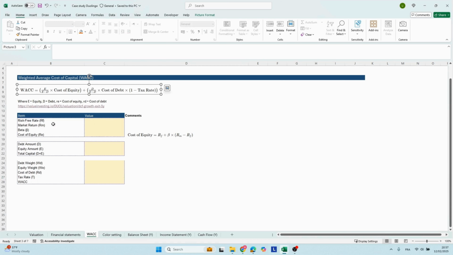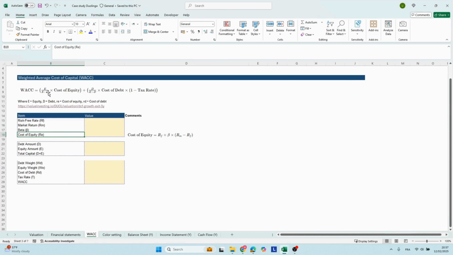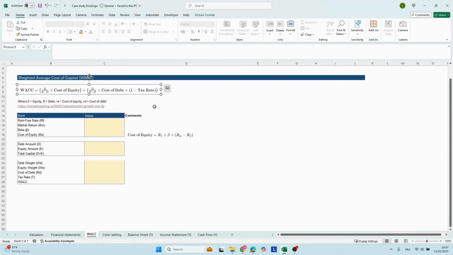So the formula will be E, which is equity, divided by the total of E plus D, which is equity plus debt, multiplied by the cost of equity, plus D divided by the sum of equity plus debt, times the cost of debt, times 1 minus tax.